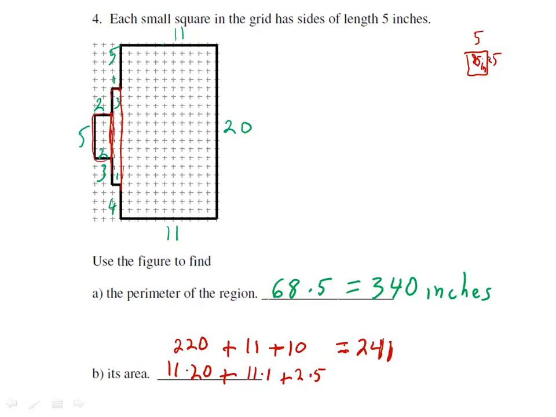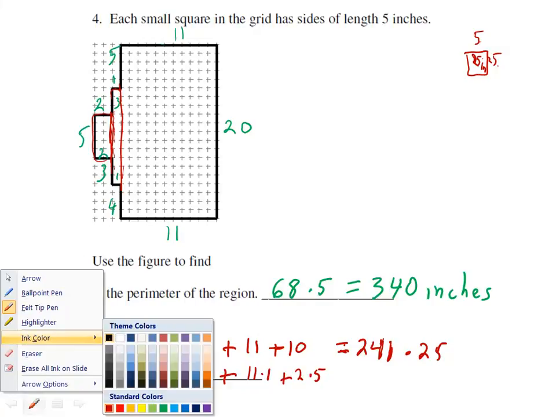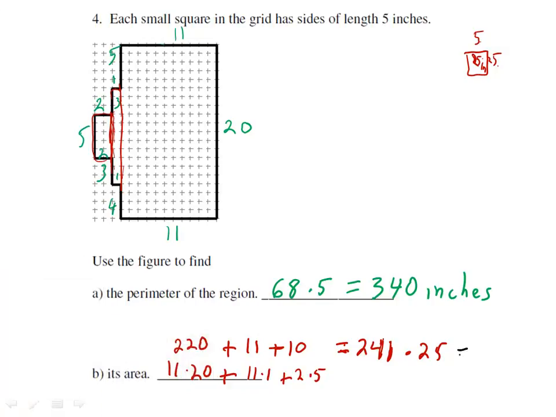So now I've got to multiply this area I figured out here by 25, because this is 241 units squared, but each of those units squared represents 25 inches squared, because it's 5 by 5, and 5 times 5 is 25. So now I have to multiply this times 25. And that's how we get our final answer, which is 6,025 inches squared.